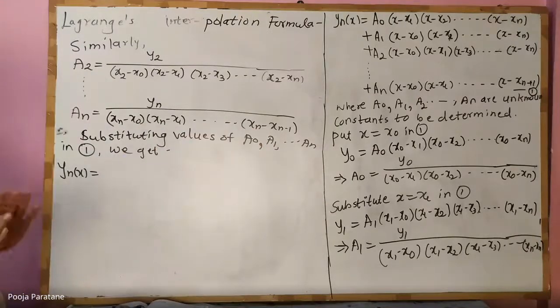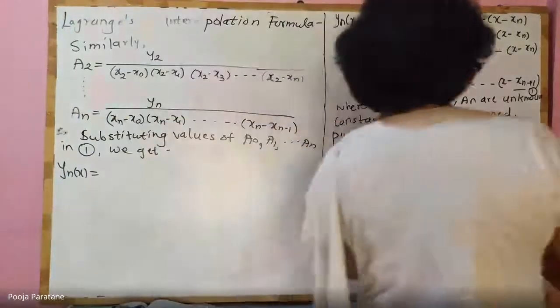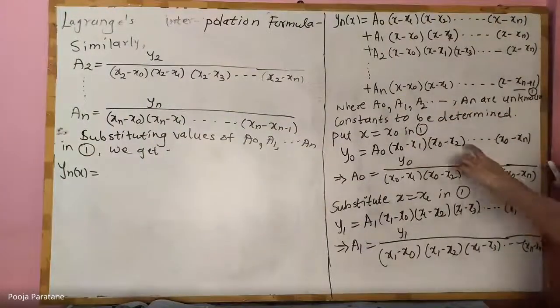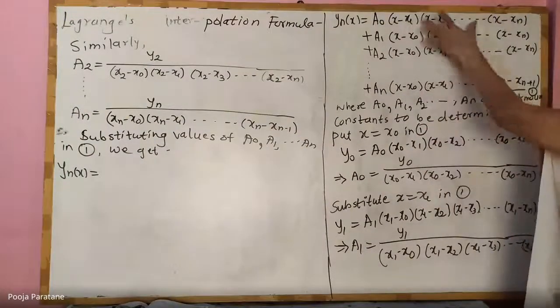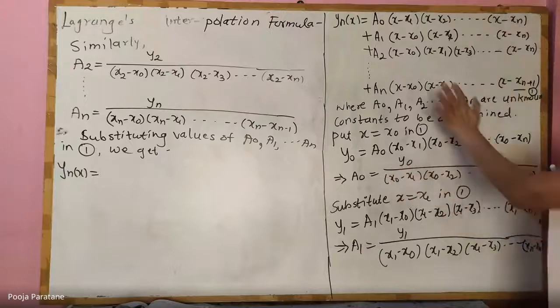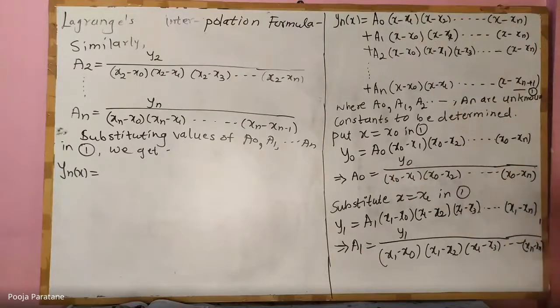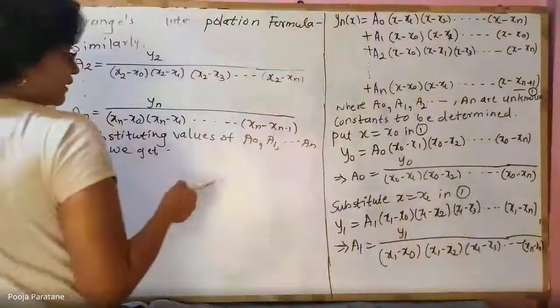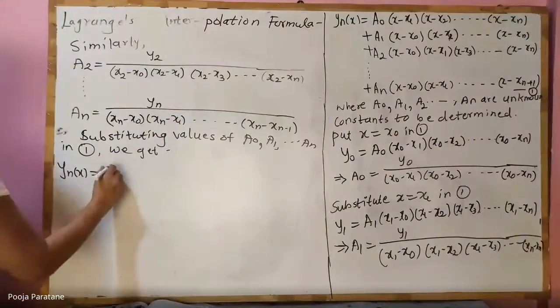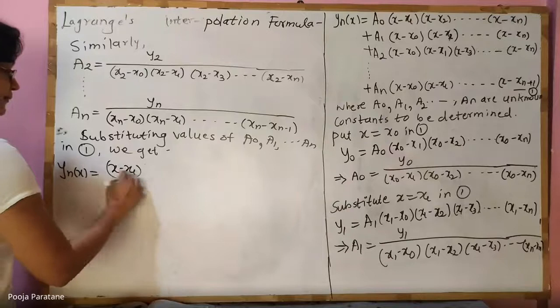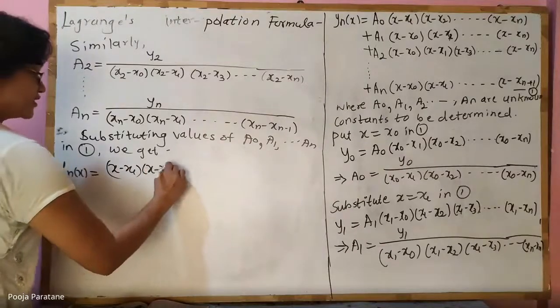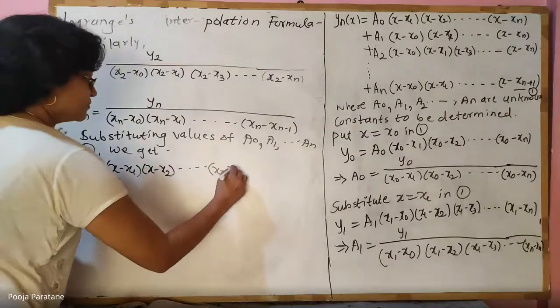So let me combine this expression, means y0 I will put aside here. This is 1 upon this, and this whole bracket I will write it here, so that we can remember. It is easy to remember this formula. So let me write this. What is the coefficient of a0? x minus x1, x minus x2 up to x minus xn.